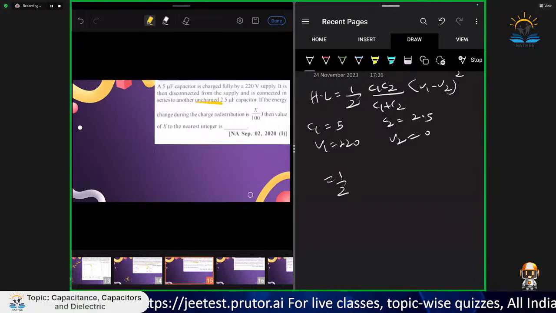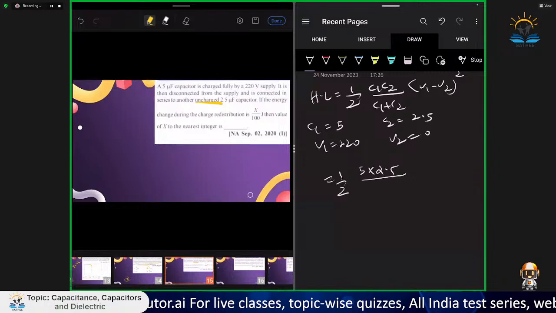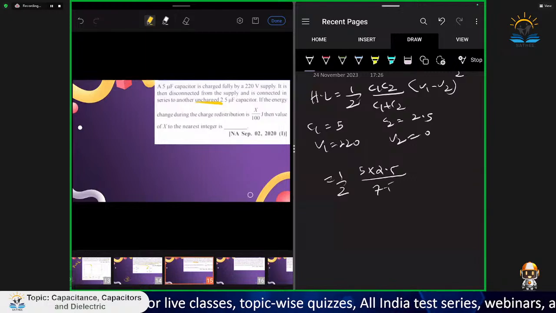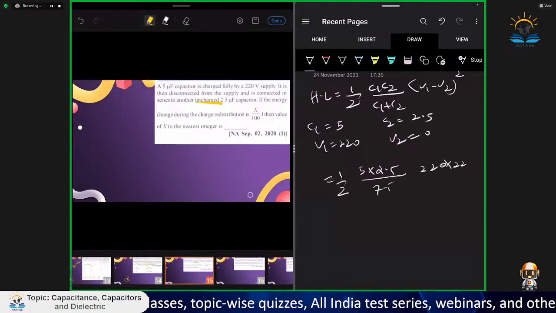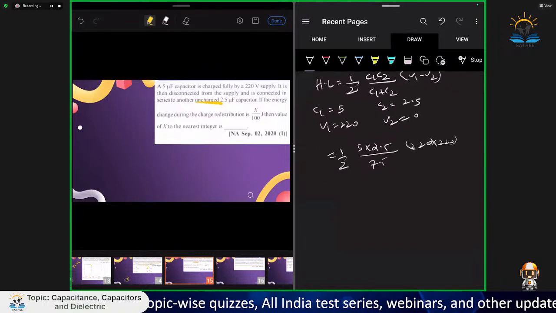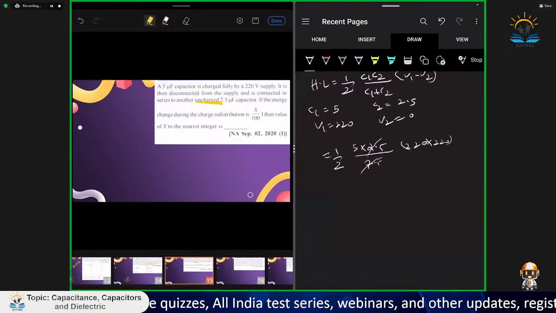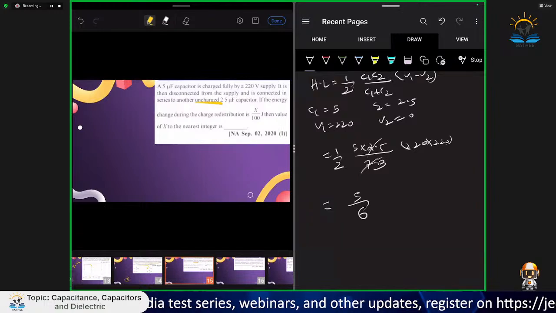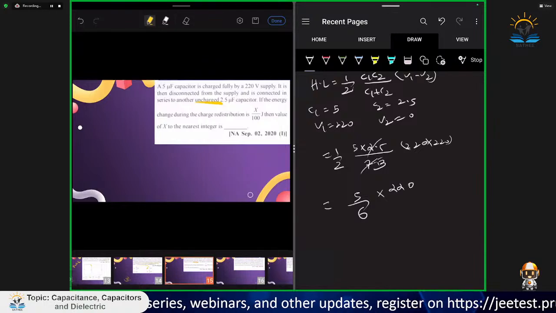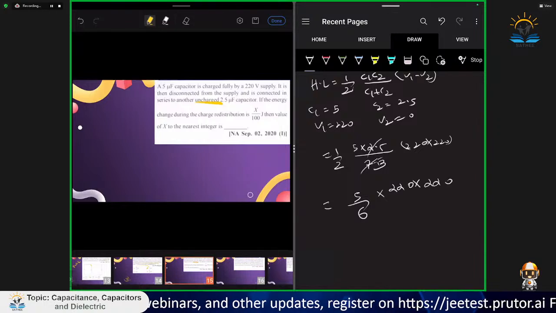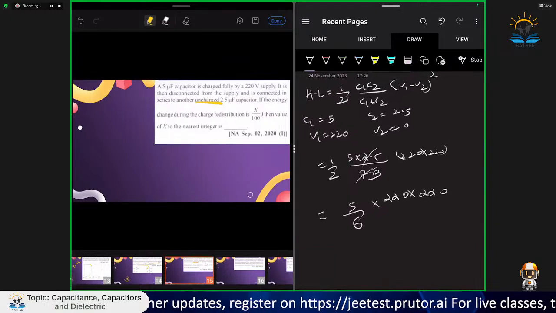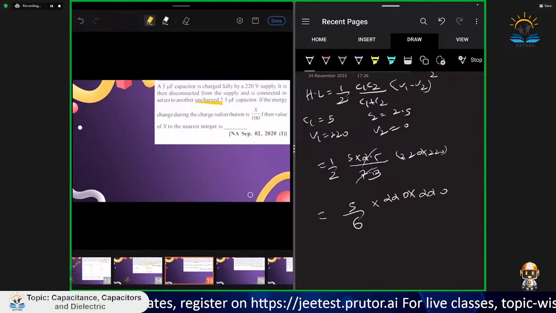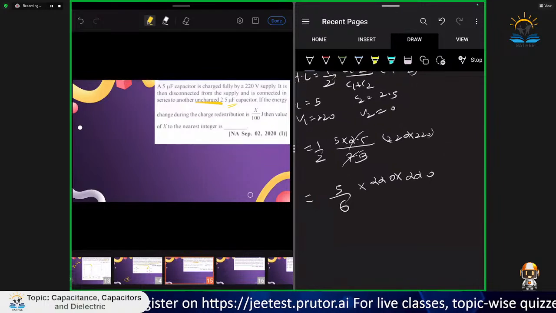Just apply half into C1 5 into 2.5 divided by 7.5 into 220 into 220. So 2.5 by 7.5 is 1 by 3, that means 5 by 6. It's microfarad, so 10 raised to minus 6.